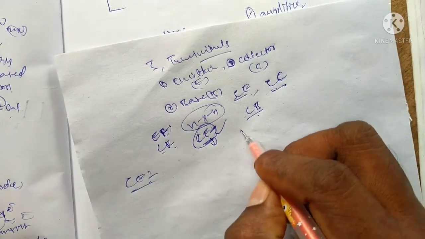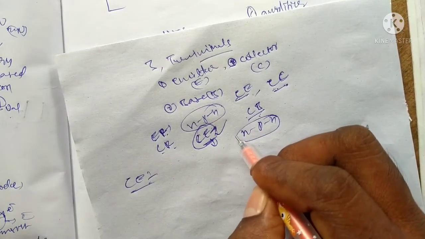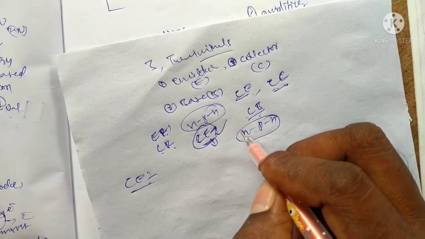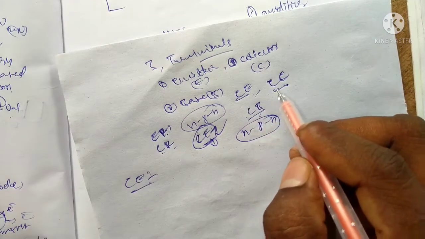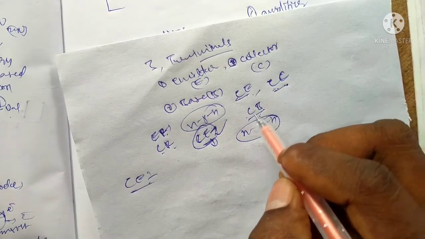In both NPN and PNP transistors there are CE, CC and CB configurations: common emitter, common collector, common base.